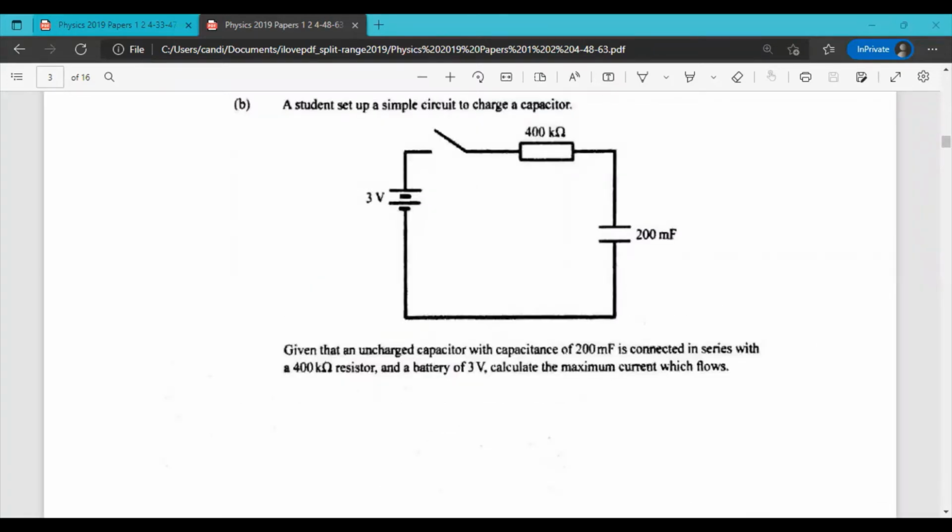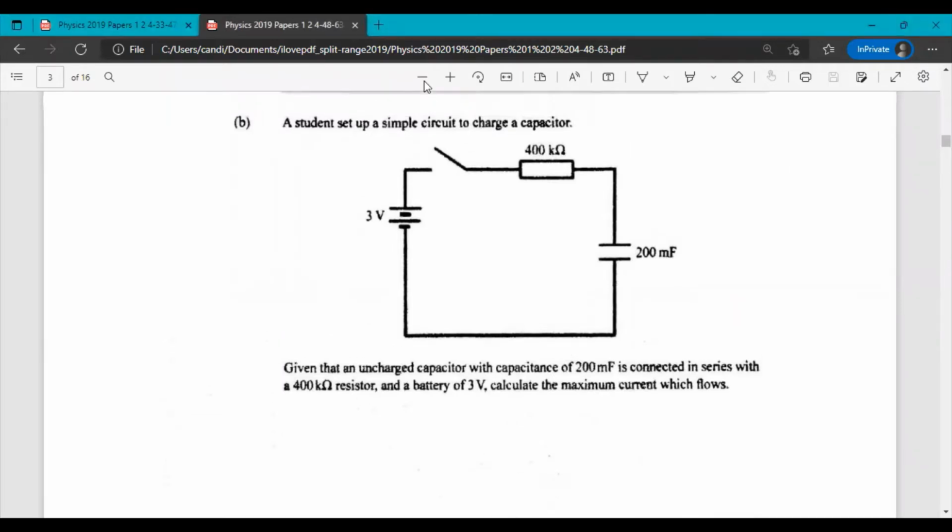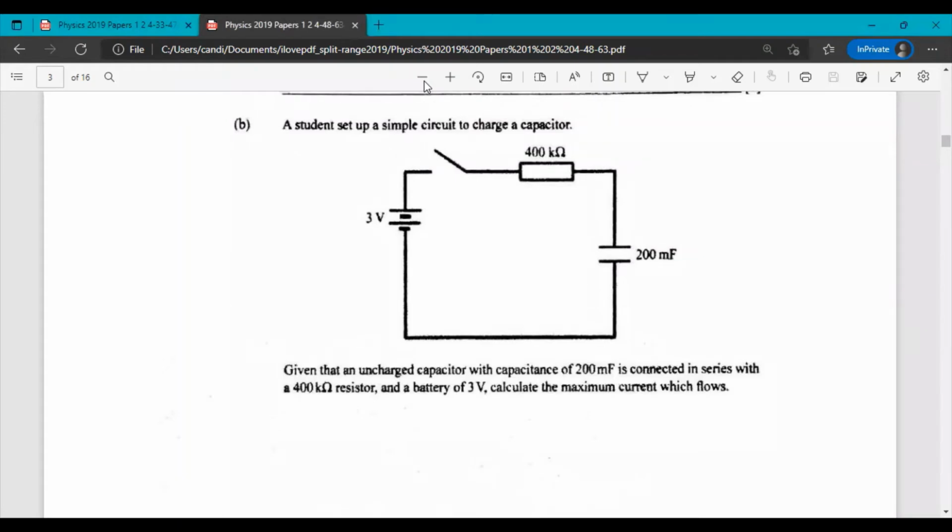Okay, part B. A student set up a simple circuit to charge a capacitor. This is the symbol for a capacitor here. Given an uncharged capacitor with a capacitance of 200 millifarads, okay, that's milli, which is of the order 10 to the minus 3.